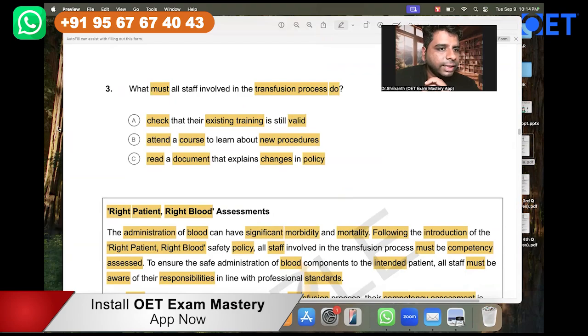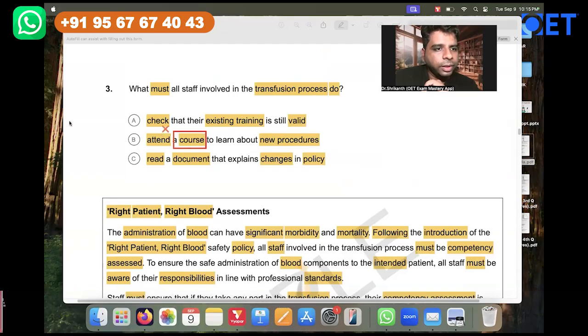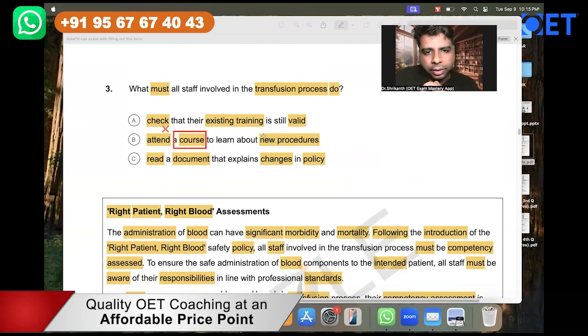And what is the keyword over here? New procedures. No information related to that. So if it is not mentioned, answer option B can be very easily eliminated.